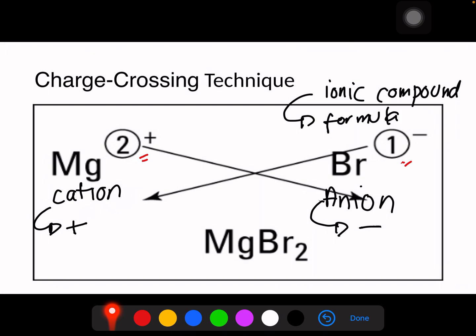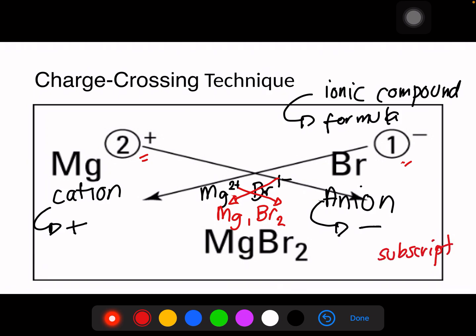So for that case, we will be creating Mg2+ Br1- by using the charge cross technique. You will be having Mg1 Br2. Again, a subscript is non-negative.